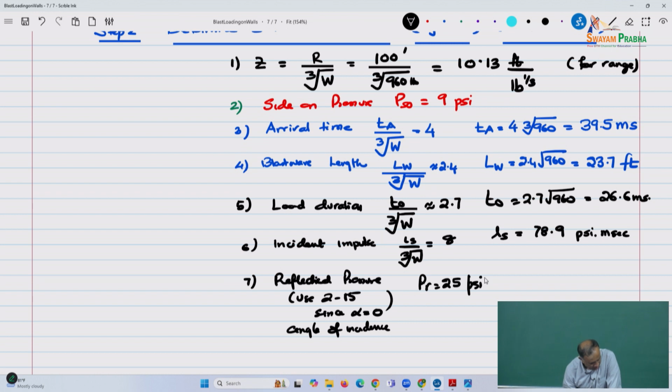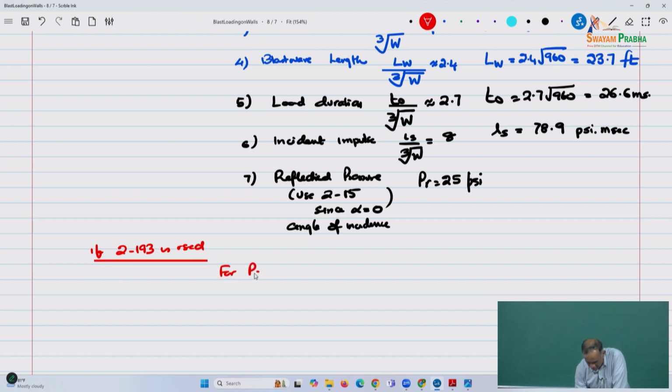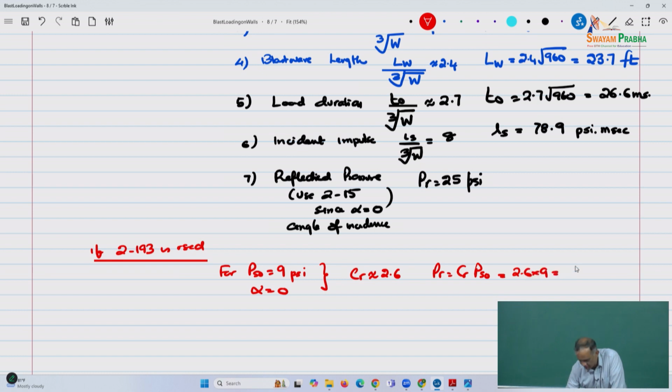Just as a reference, if 2-193 is used, what you have is for PSO equal to 9 psi and alpha equal to 0, you get CR about 2.6, or PR is equal to CR times PSO, which is 2.6 multiplied by 9.